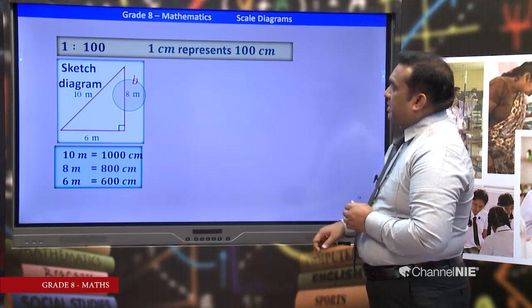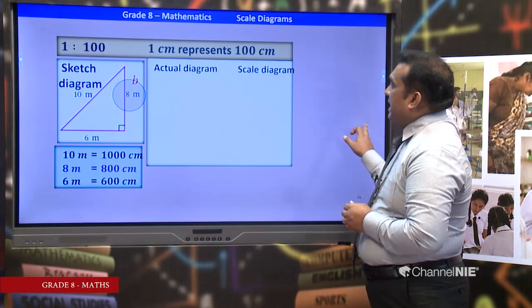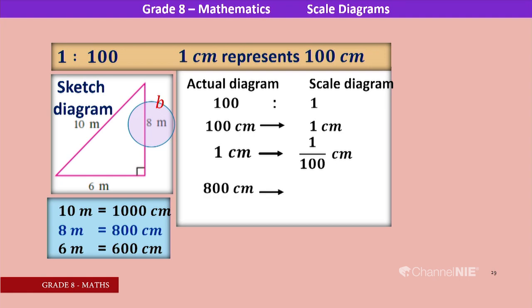Then 8 meter, that is B. Actual diagram is to scale diagram. 100 is to 1. Actual 100 centimeter, scale 1 centimeter. It means 1 centimeter divided by 100 both sides, 1 over 100. 800 centimeter, because 8 meter, 8 multiplied by 100, 800.